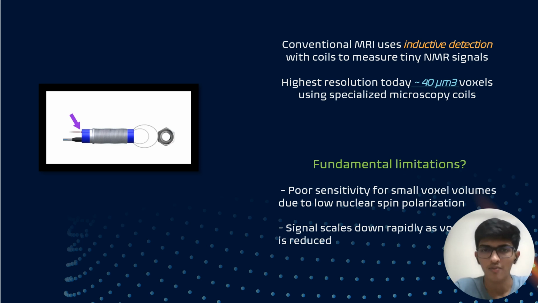However, there are some fundamental limitations. The first one is MRI struggles with small voxel volumes or smaller 3D pixels because the signal we get from the atom spins becomes weaker and weaker as the volume gets smaller. As we shrink the voxel size, the signal strength decreases rapidly, making it hard to detect and image small structures more accurately.